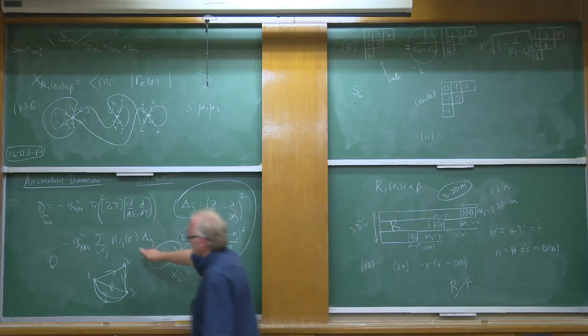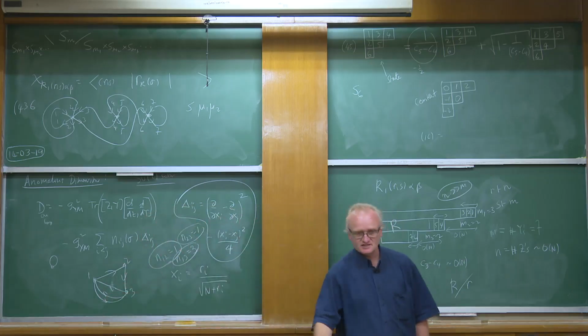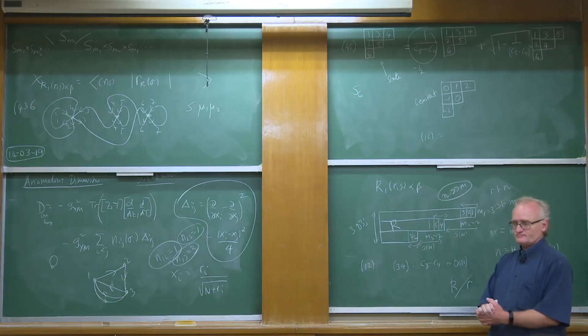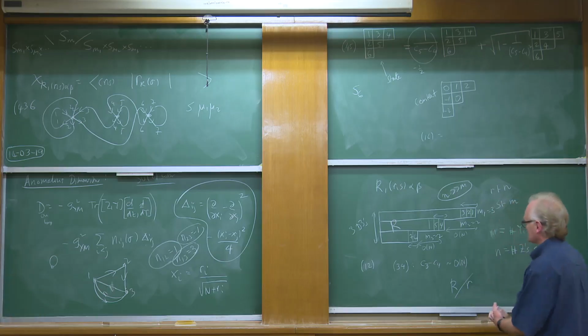And the N_ij of sigma, you read from the graph. And sorry, do I see that if I had, instead of 3 things on the first guy, if I had 4, do I see that somehow these excitations are happening one by one?